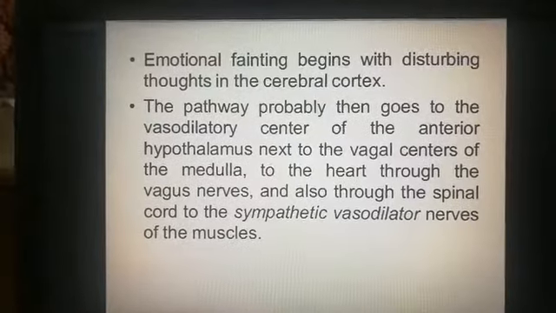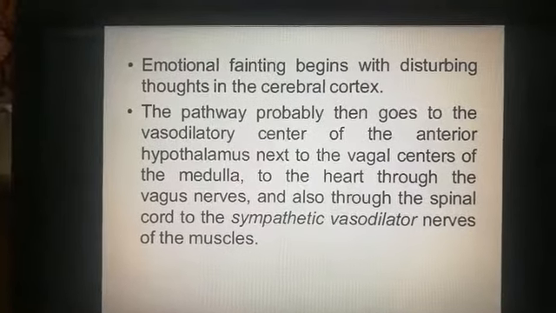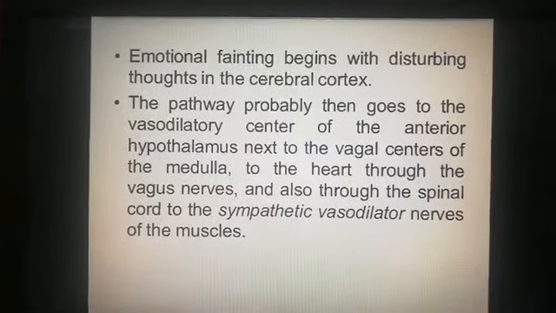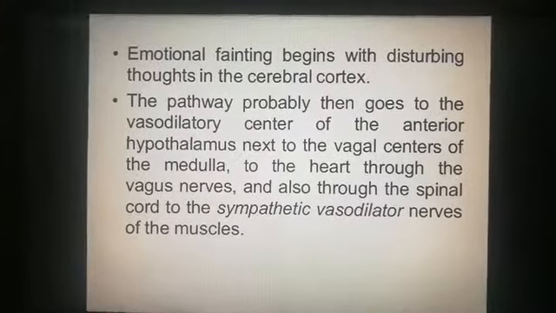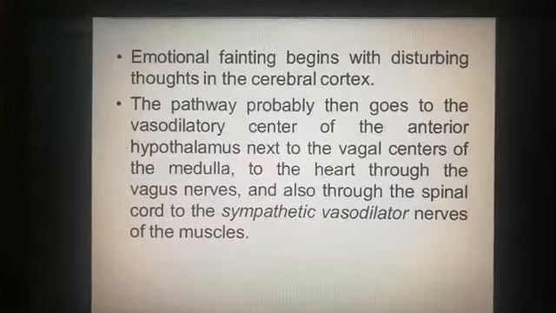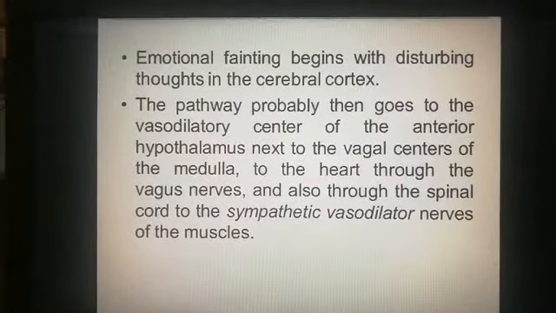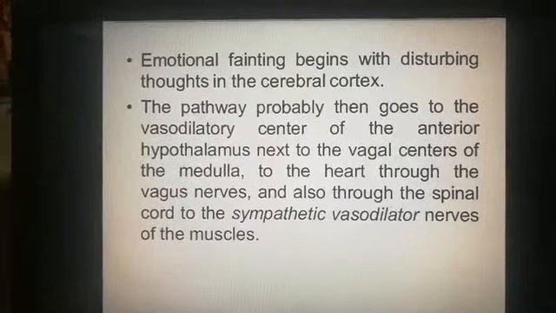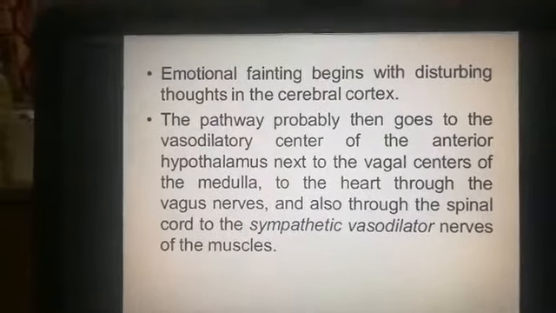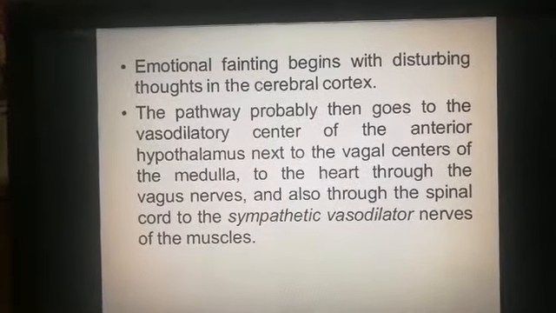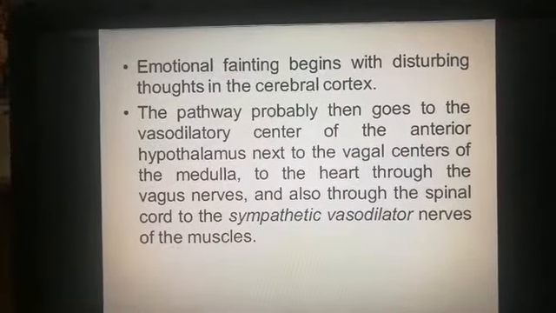Firstly, signals come from the cerebral cortex, then to the anterior hypothalamus, then to the vagal center of the medulla, and then to the heart, and also through sympathetic vasodilator fibers to the muscles. So this is the pathway of vasovagal syncope, emotional fainting.